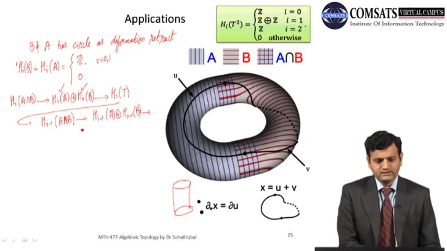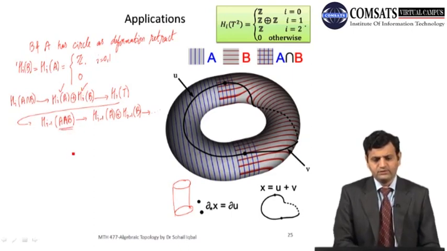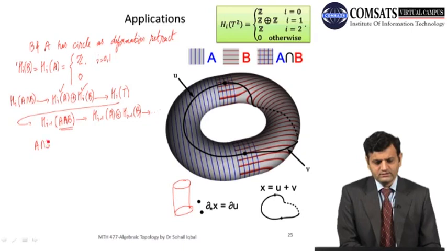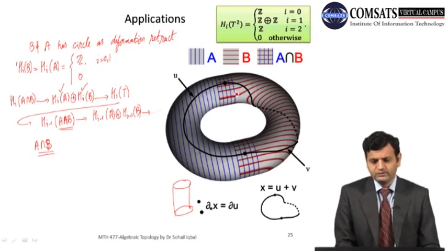Okay, now let's concentrate on A intersection B. So what about A intersection B? A intersection B is basically these two circular strips. So in other words, A intersection B behaves like two circles, because this is a cylinder and a cylinder has the base circle as deformation retract.